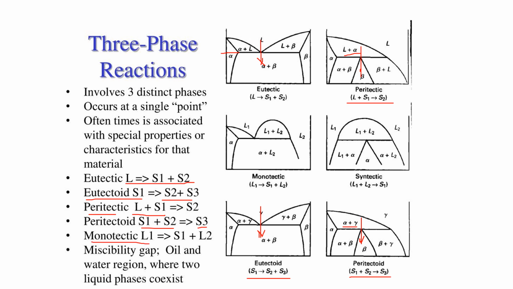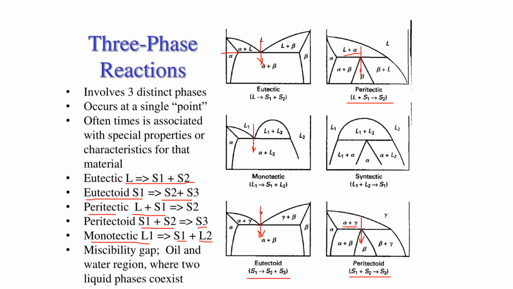Monotectic reaction, in which a liquid is transformed into a solid plus another liquid. This is a unique reaction in which one liquid, after passing the isothermal temperature, when cooled or heated, transforms at the three-phase point.